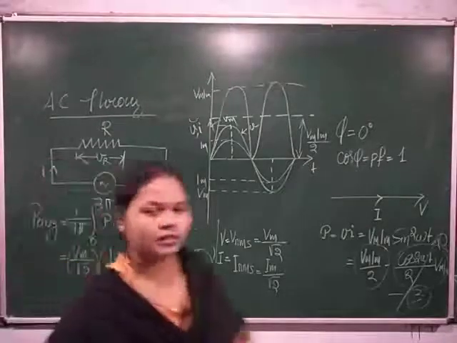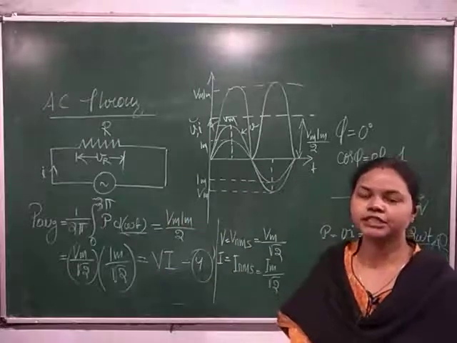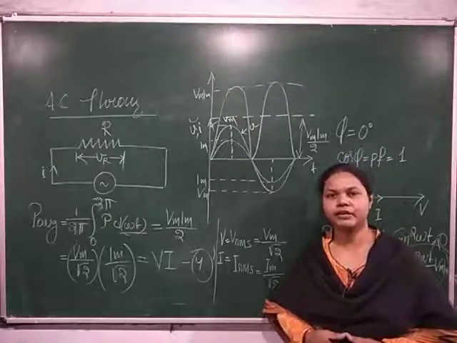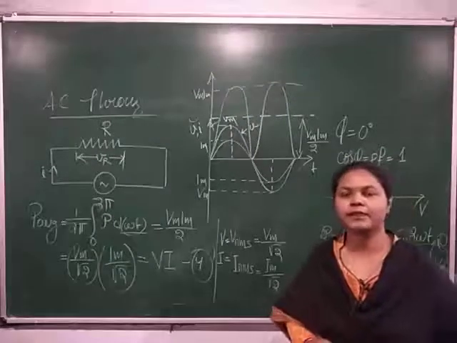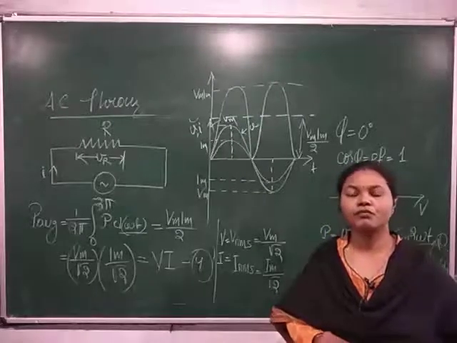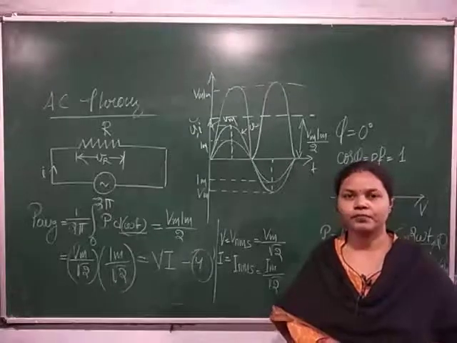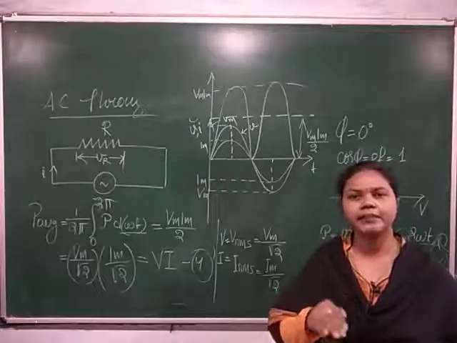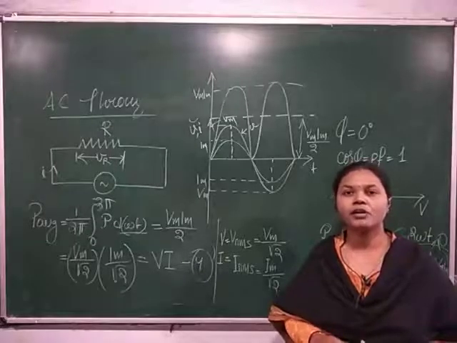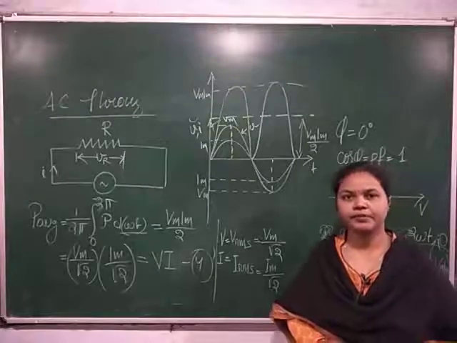So what conclusion have you got, students, after completing this portion? You have learned that in the case of a purely resistive circuit, when you give AC as a supply, the phase difference between voltage and current is 0, and the power factor of a purely resistive circuit is unity.